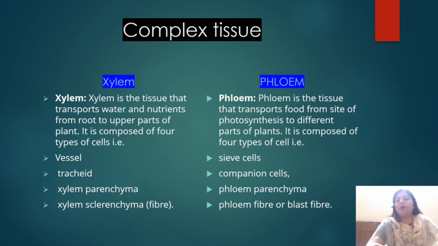Phloem is made up of sieve cells, companion cells, phloem parenchyma and phloem fiber. Phloem fiber is also called bast fiber, or phloem sclerenchyma. Out of these four types of cells, only phloem fiber is a dead cell, and the rest, that is sieve cells, companion cells and parenchyma, are living cells.